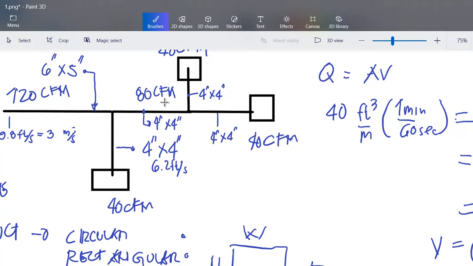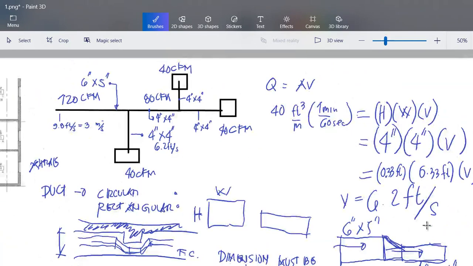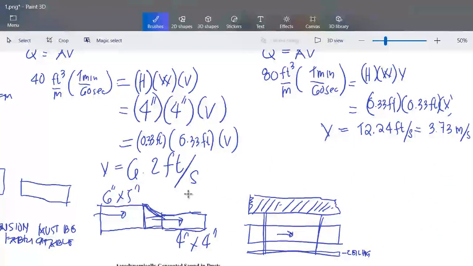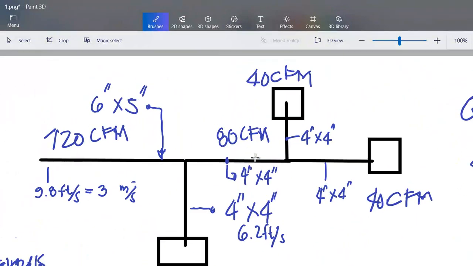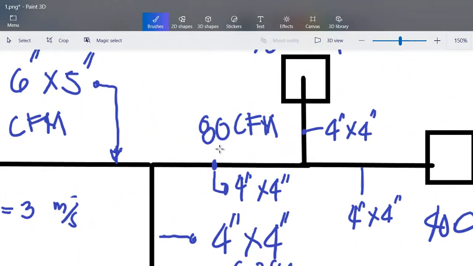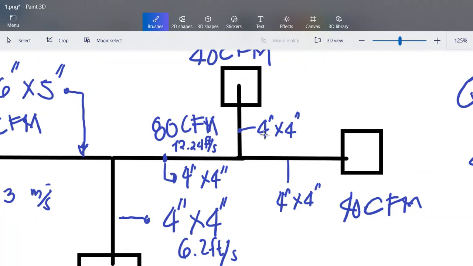And the velocity here is 12.24 feet per second. Then this is also 6.2 feet per second, and this is again 6.2 feet per second.